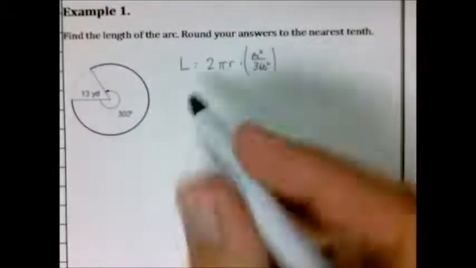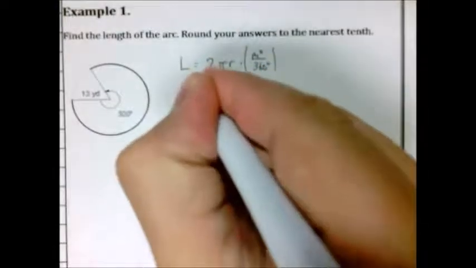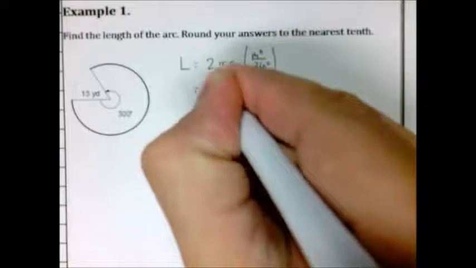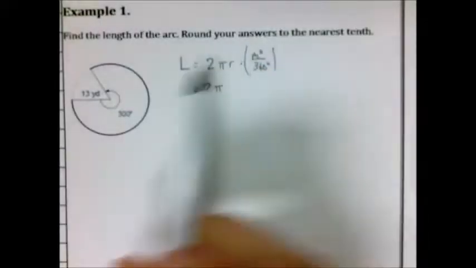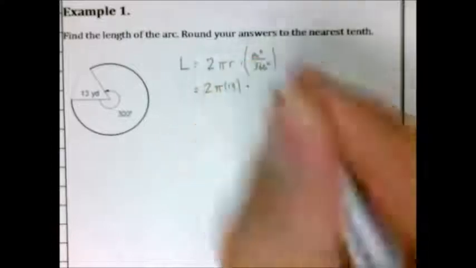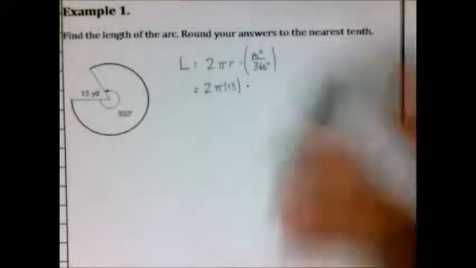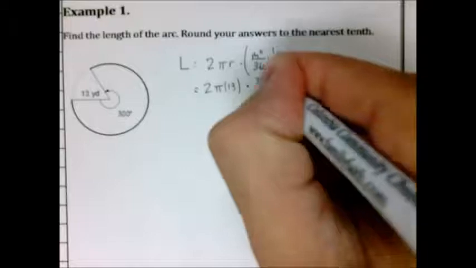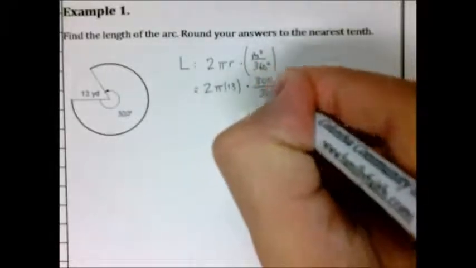So we just have to fill in the pieces of information here. We know 2 and pi are constants. The radius is 13 yards, times the measure in degrees, which is 300, divided by 360.